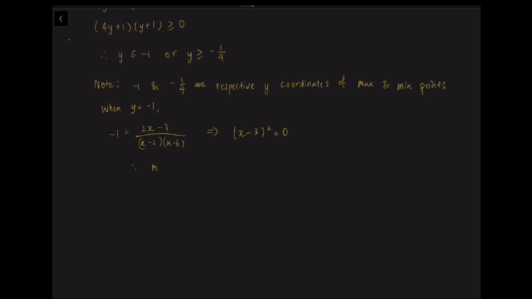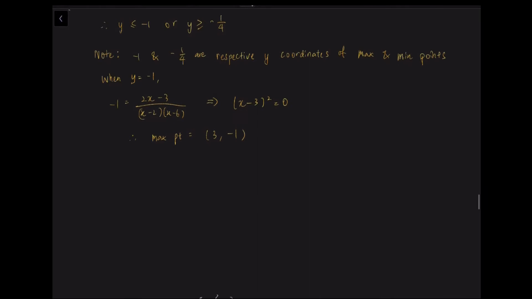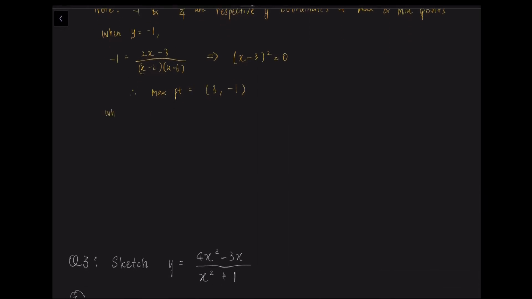The maximum point of this curve is (3, minus 1). And when y equals minus 1 over 4, we perform the same computation and we found that x equals 0. And hence the minimum point is (0, minus 1 over 4).